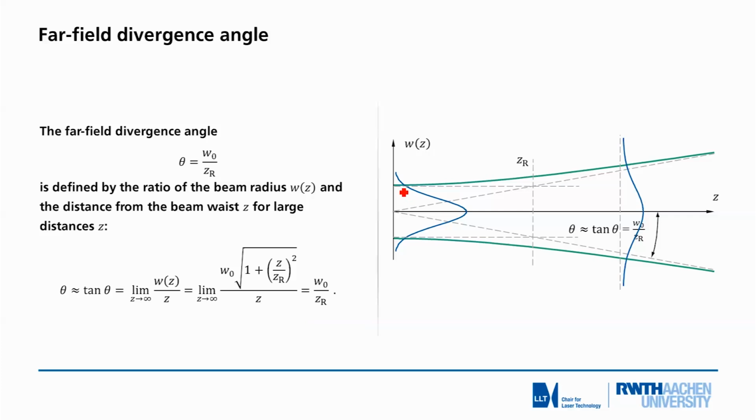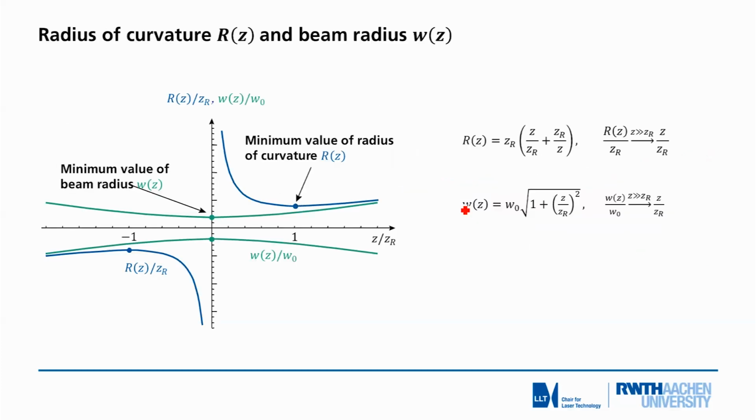As you again can see in this design here, if you look at this triangle, and you use the sine law, then the ratio of beam waist to the Rayleigh length is just the tangent of this angle of the far field divergence.